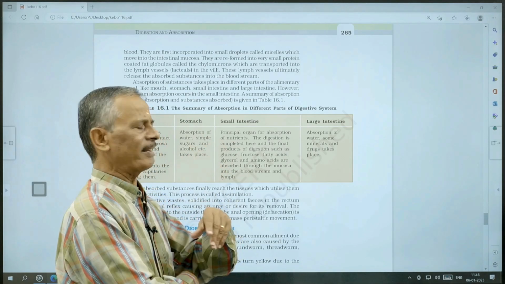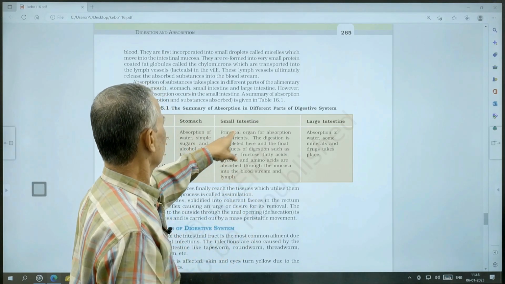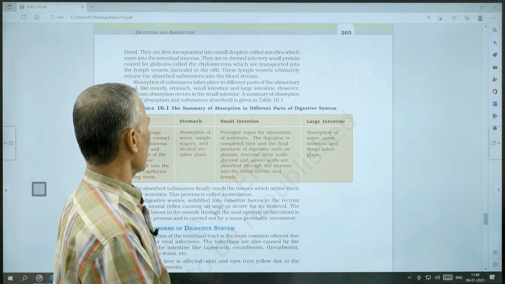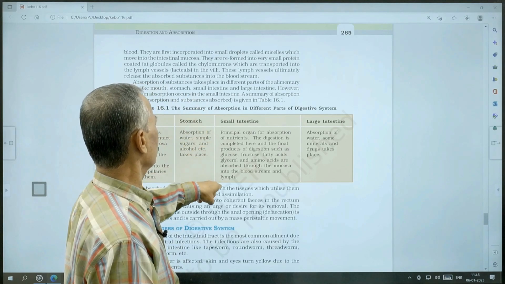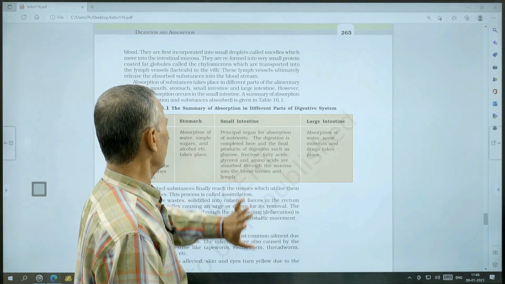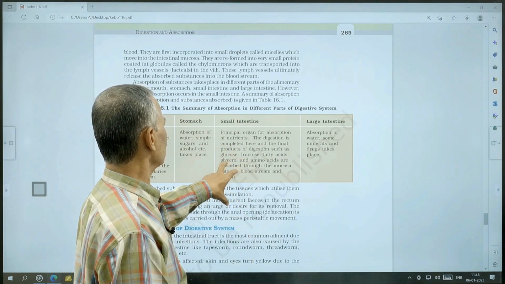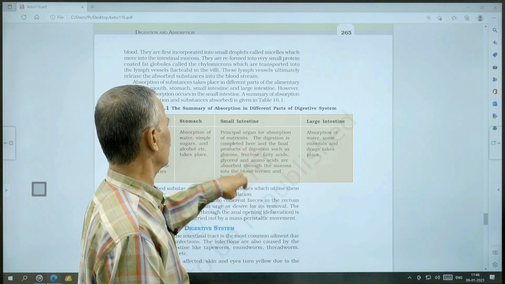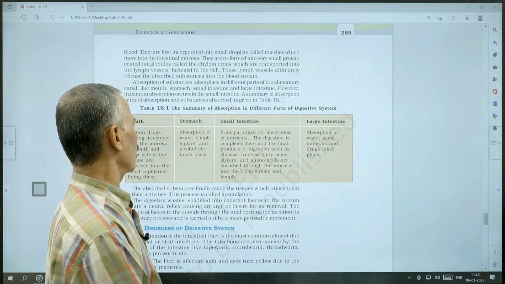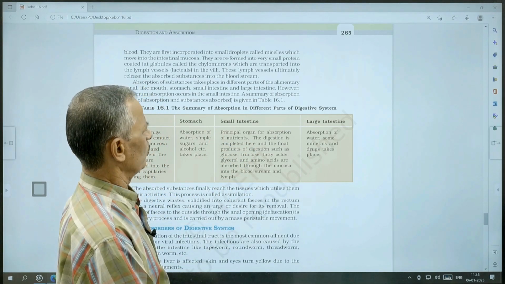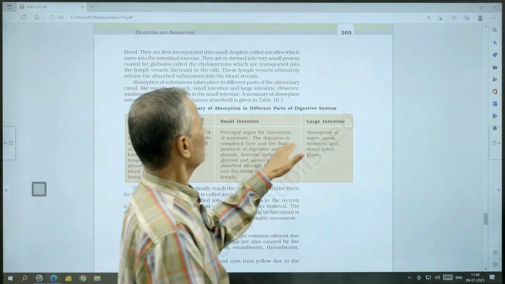It can be directly absorbed from the stomach. And the small intestine is the main site of digestion and absorption. Digestion is completed here, and the final products of digestion like glucose, fructose, fatty acid, glycerol, amino acids and water are absorbed through the mucosa to the bloodstream and lymph.